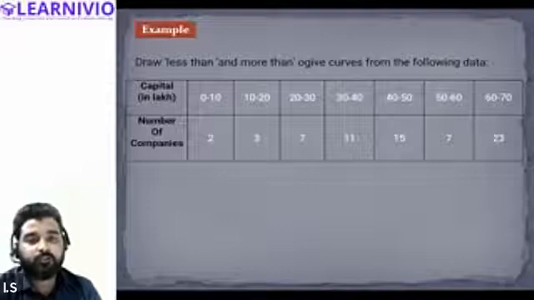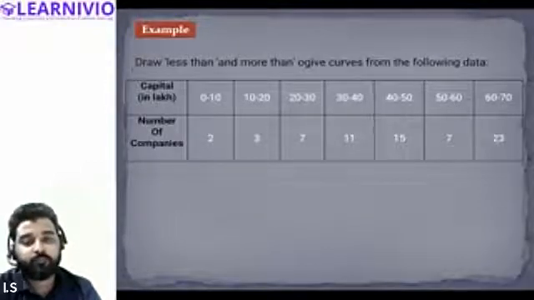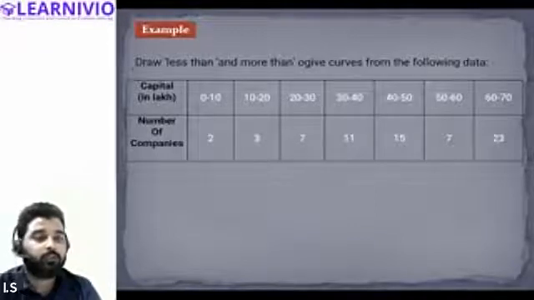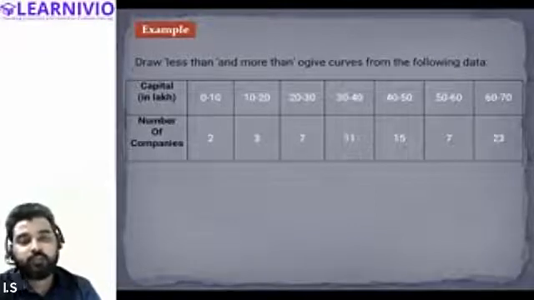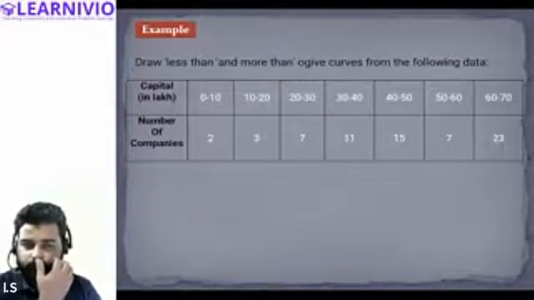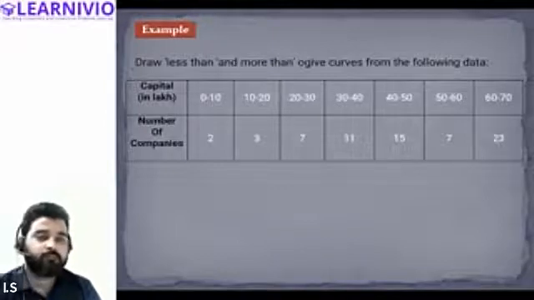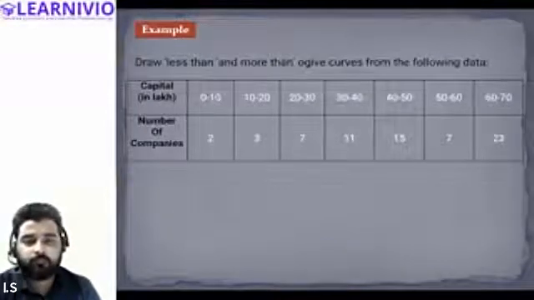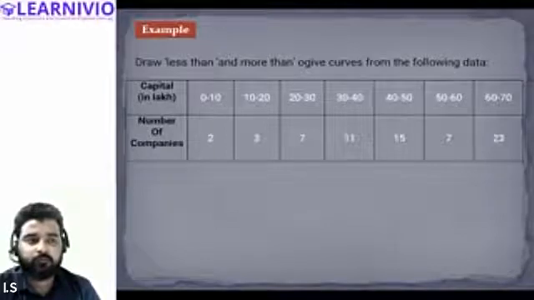Suppose these are the various frequencies given in the question. So this is the information regarding capital, and then there is information regarding the number of companies that fall under a particular class. Sir, what if we get a question like this: 0 to 10, 20 to 30, 40 to 50? Sir, and then how to calculate that way?